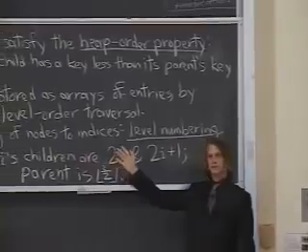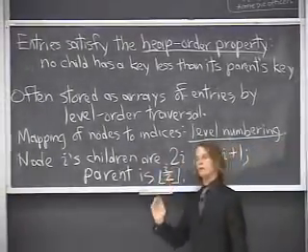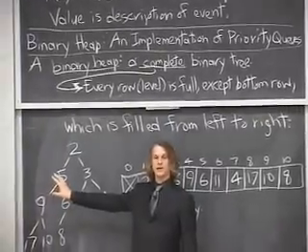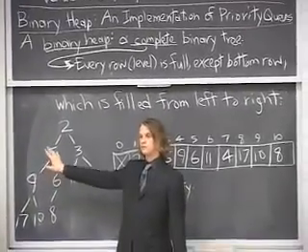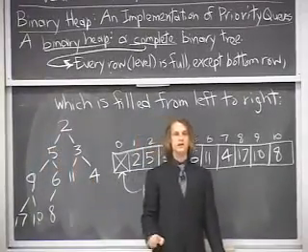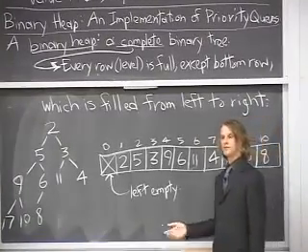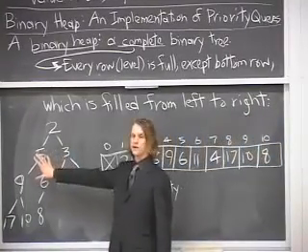So, why I'm talking about an array: you could use a pointer and node-based data structure to store a binary heap. There's no reason why you couldn't. Any standard binary tree or even general tree data structure could store this.